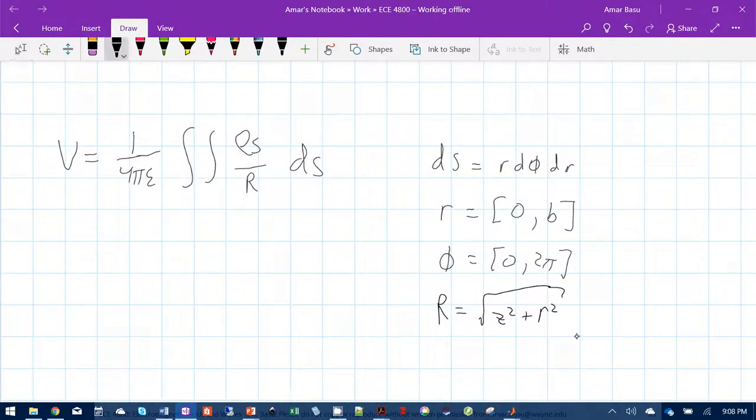Now, rho s happens to be a constant, so we can just take that out of the integral. Rho s over 4 pi epsilon.